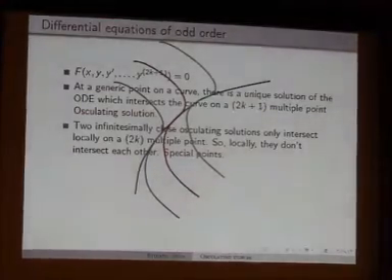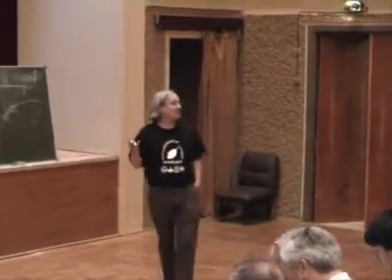The general principle is that oscillating solutions of differential equations of odd order do not intersect locally, just because 2k is an even number and 2k plus 1 is an odd number, not more than that.